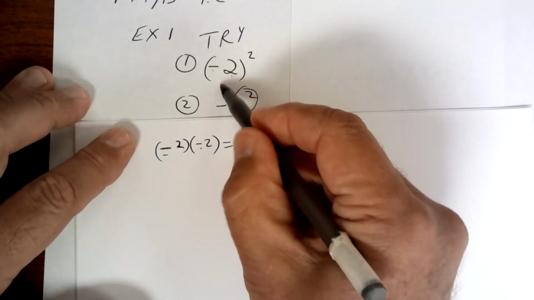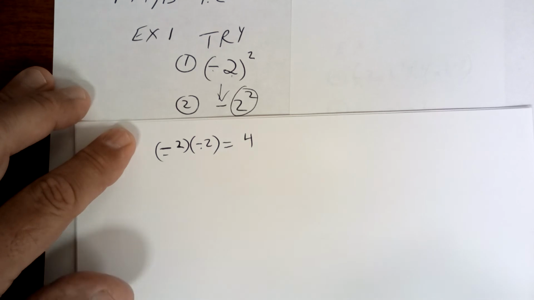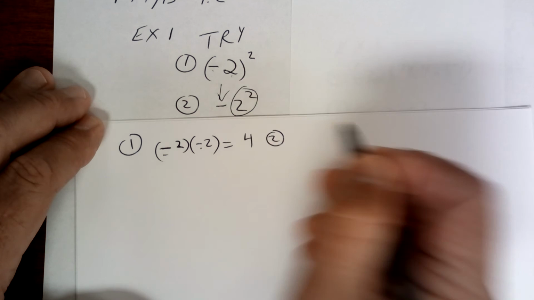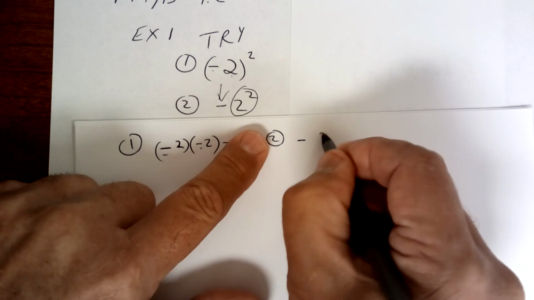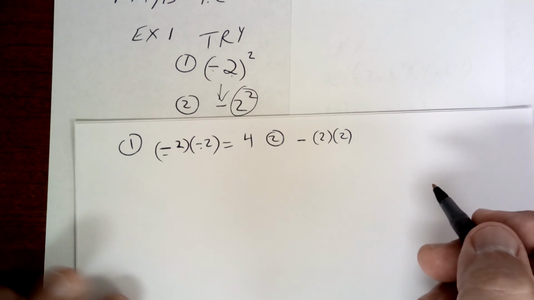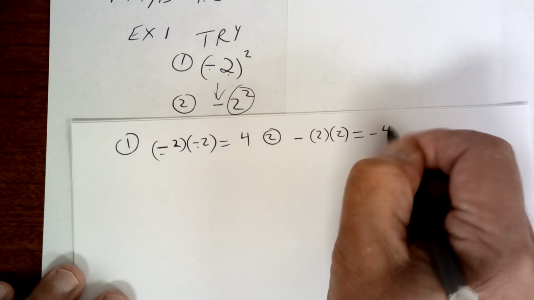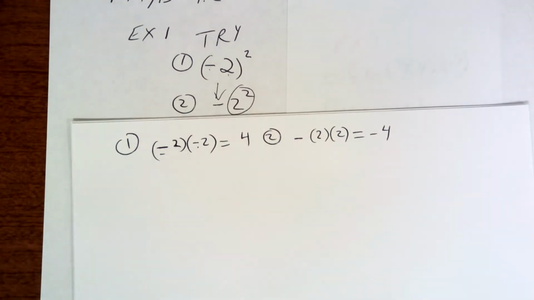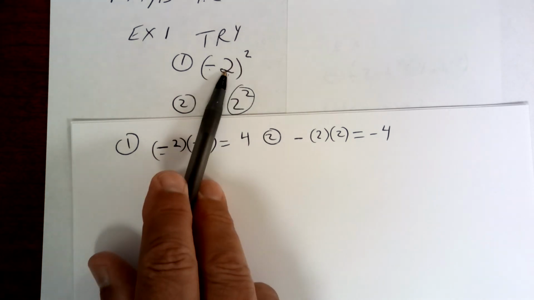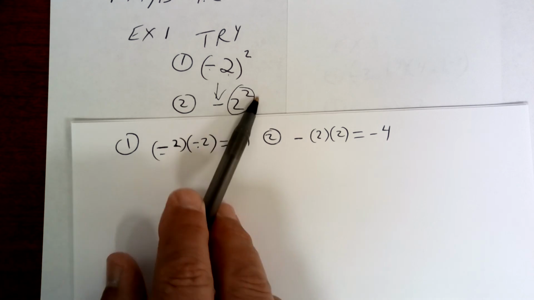Be careful with that. There's no parentheses. So on number 2, it's going to be a negative, and it's going to be 2 2's, not 2 negatives. It's tricky, but that's the way you do it. Make sure you understand that. On this one, the negative is squared and the 2 is squared. On this one, only the 2 is squared, not the negative.